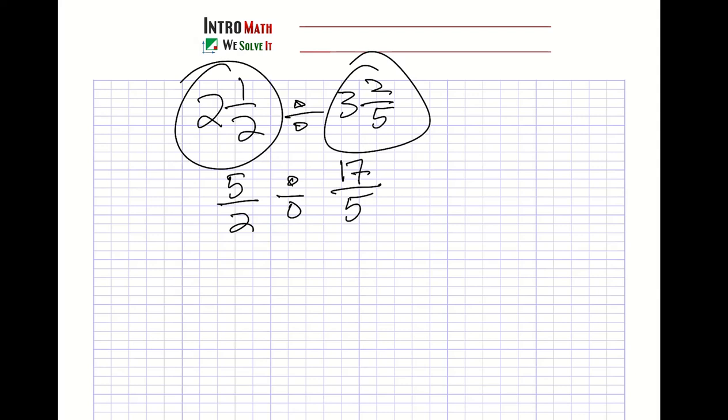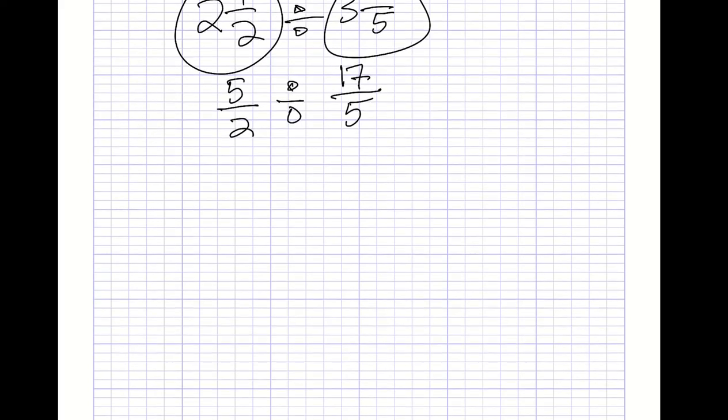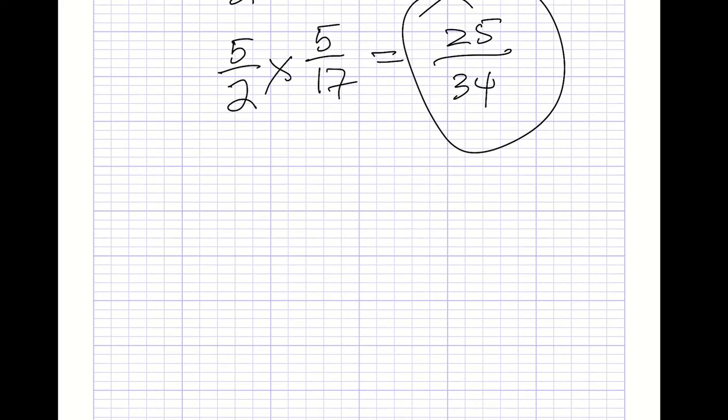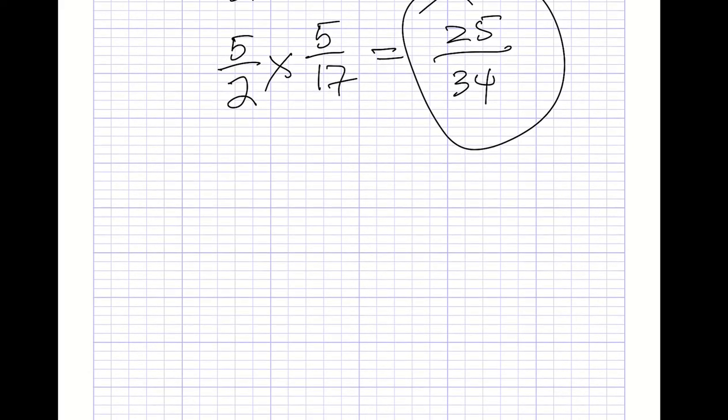We just rewrite 17 over 5. We're just in the process of rewriting it, that's all. Once you rewrite it and then you actually do the division, it becomes easy. Remember with our rules, 5 over 2, you don't touch it, you leave it, switch the signs, and then flip like that. Okay, what do you get? You get 25 over 34. That's it. That's the answer.